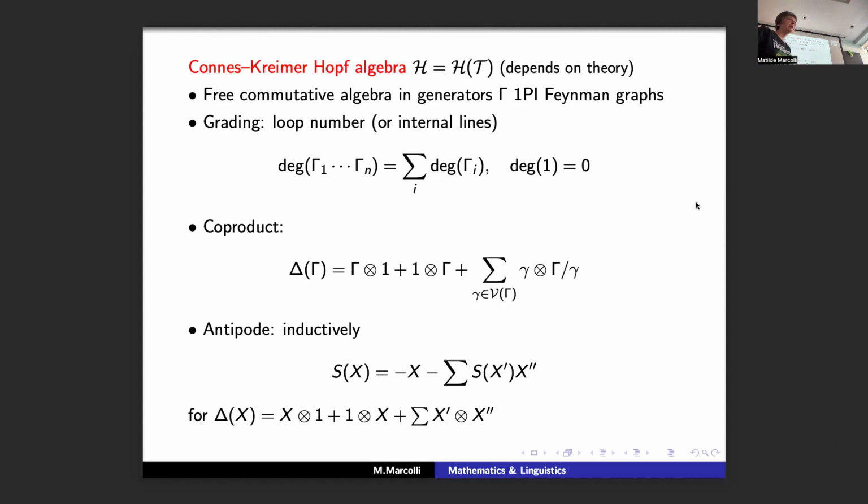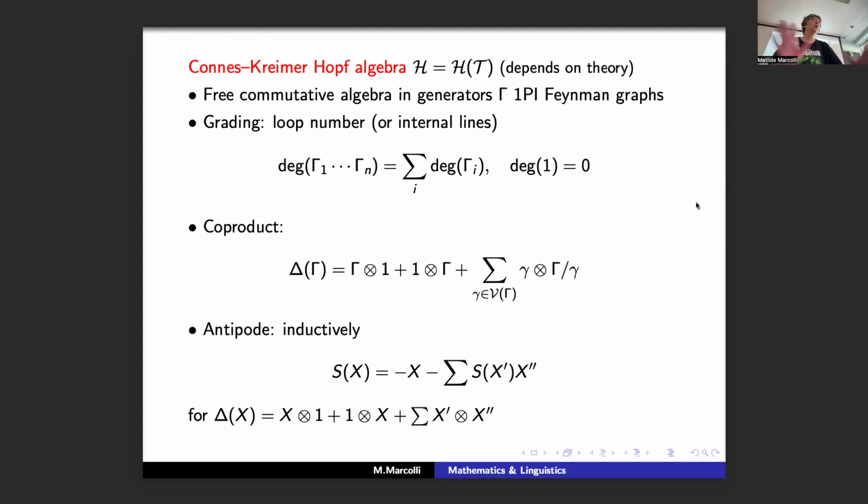So each theory has a slightly different coproduct, because the set of terms that you are allowed to extract depends on the theory, but all of them have all the properties required for being a Hopf algebra. And they have the same product.